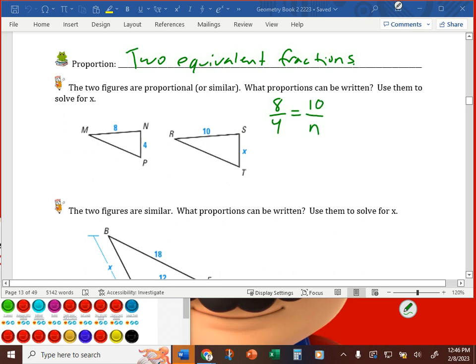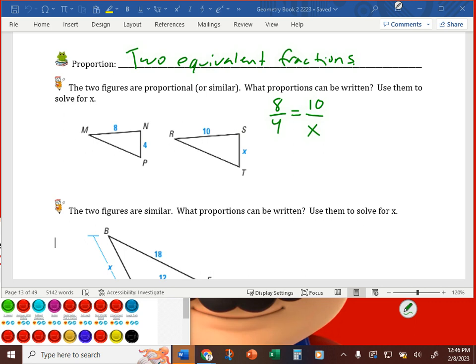Okay, and we'll use x just because that's the variable that's there. It wouldn't really make a difference, but just for people watching. So one possible proportion here is 8 over 4 equals 10 over x. Notice where the 8 and the 4 came from and where the 10 and the x came from.